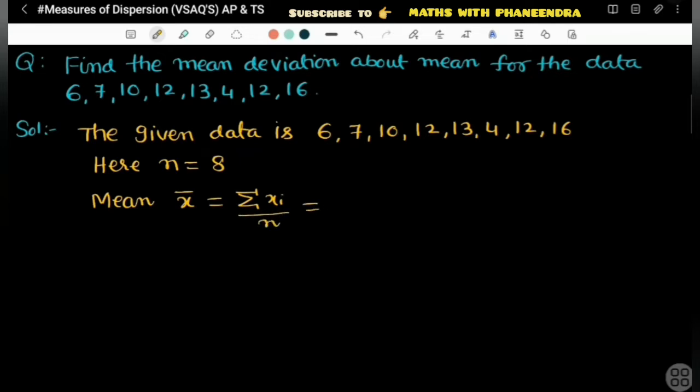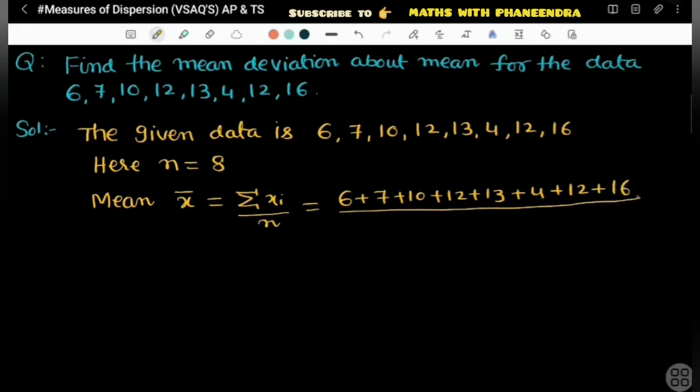Sigma xi means the sum of these values: 6 plus 7 plus 10 plus 12 plus 13 plus 4 plus 12 plus 16, divided by n, which is 8.